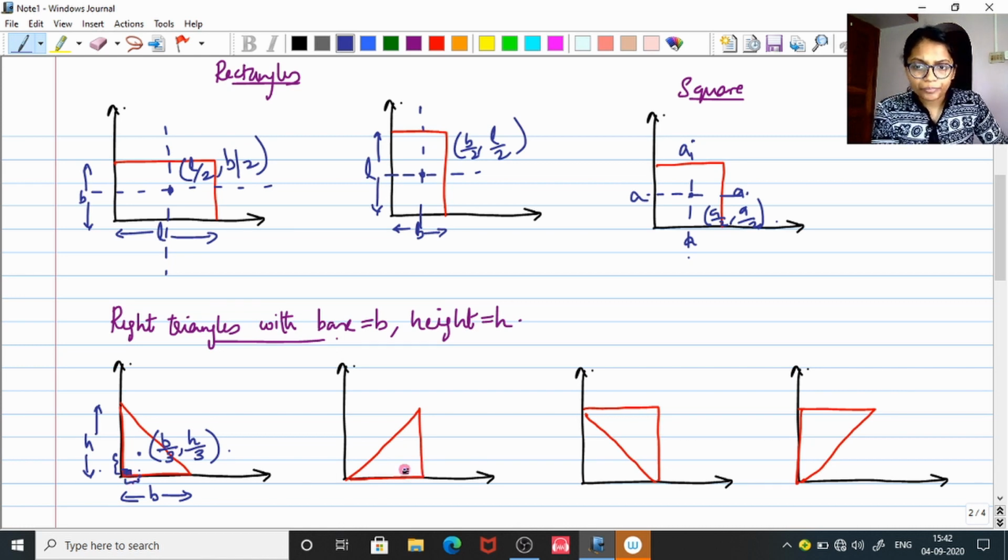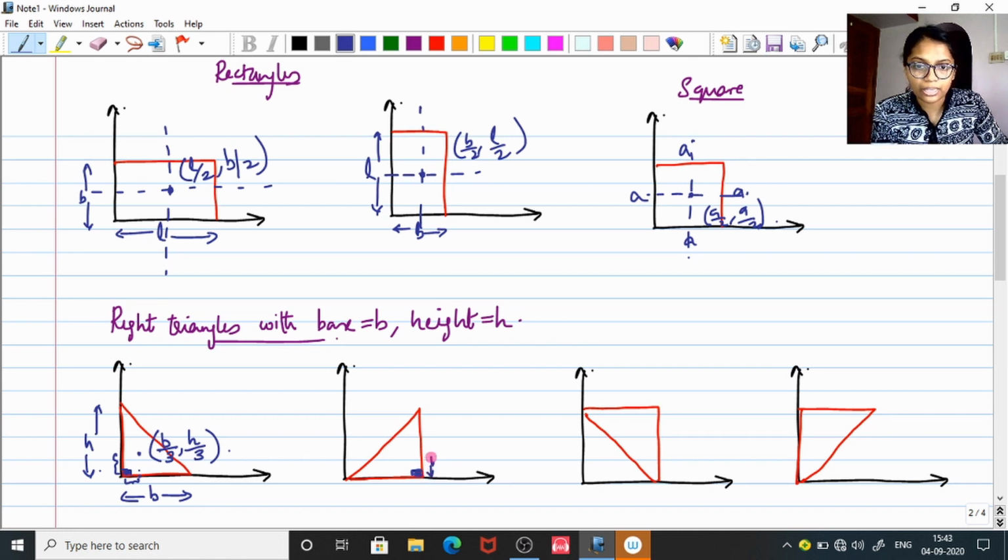Here also the formula stays the same, but when I explain it with respect to the xy coordinates in the first quadrant, it gets somewhat different. Just see, the right angle is over here, isn't it? So the centroid is measured from this right angle.